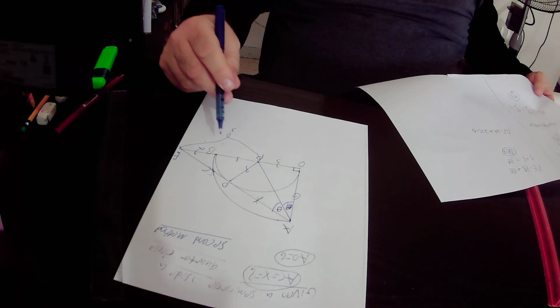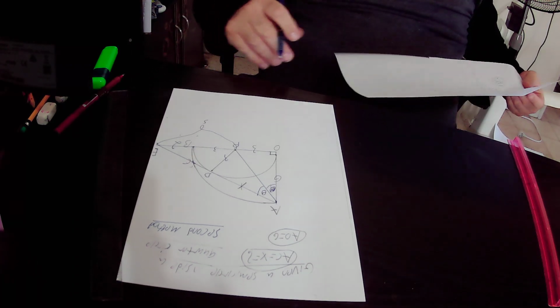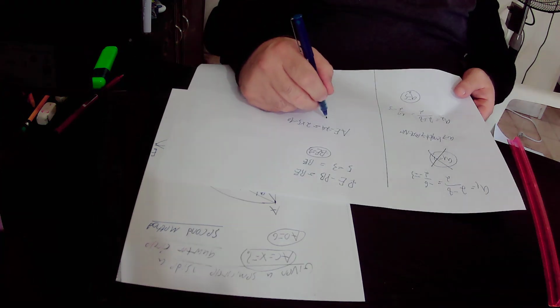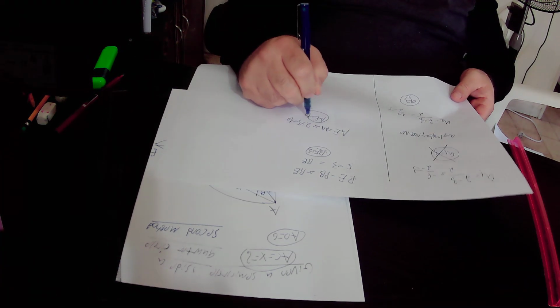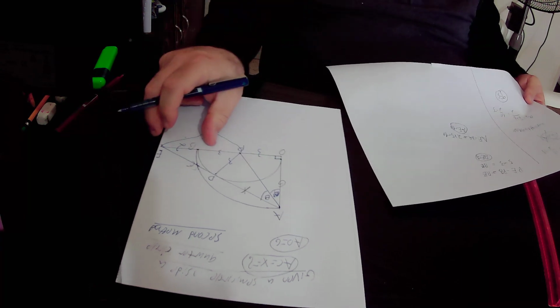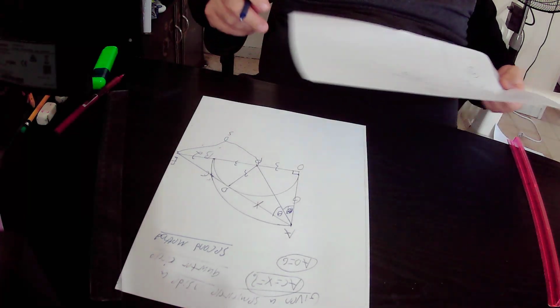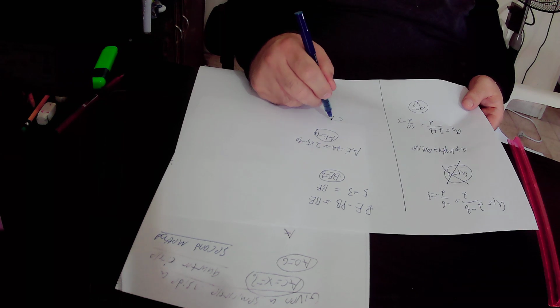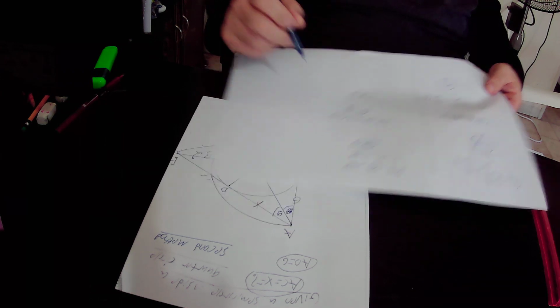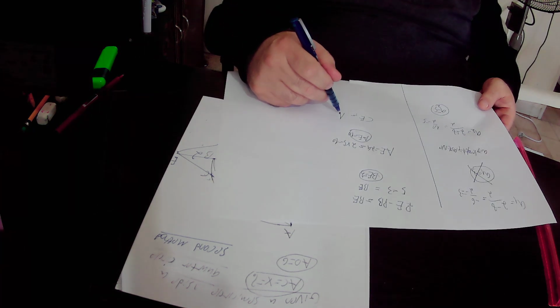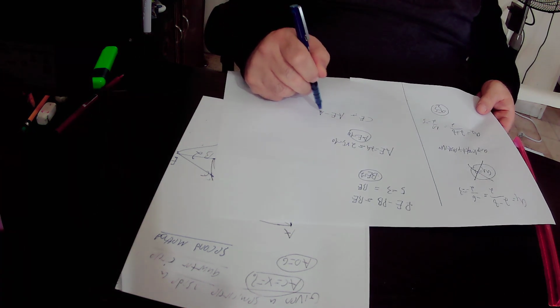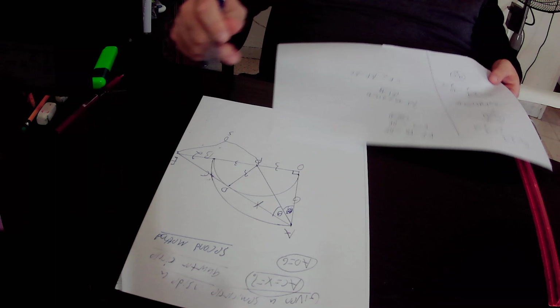And what is the length of CE? From the drawing it is very easy to see that CE equals AE minus AC.